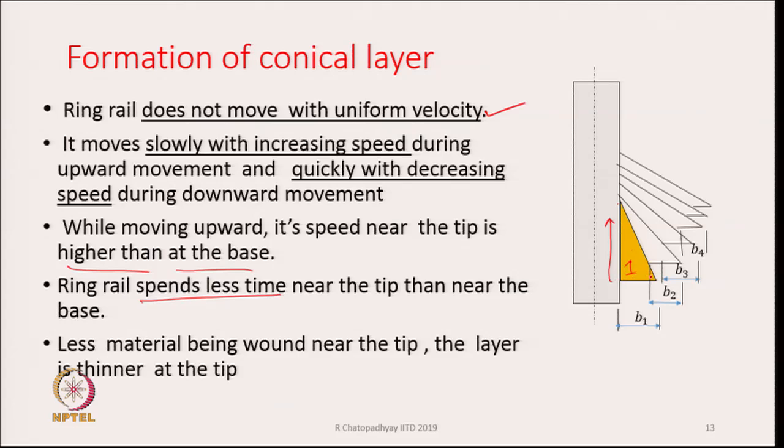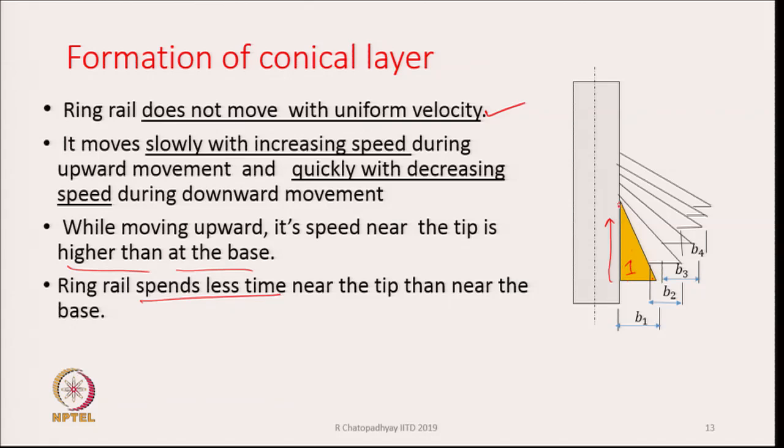So, the layer thickness is more at the base and less at the top, and hence this increase in layer thickness is not going to be uniform from, we can say, shoulder to nose, that is from bottom to top part of its run.